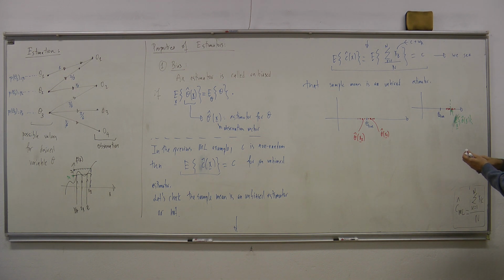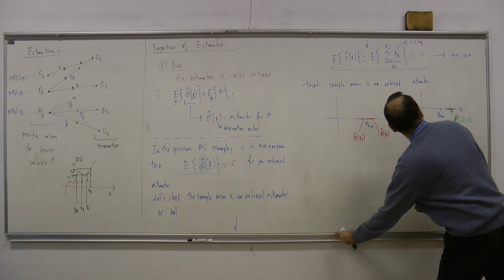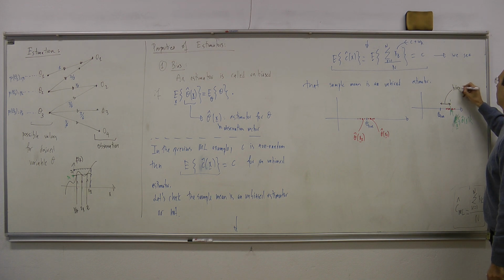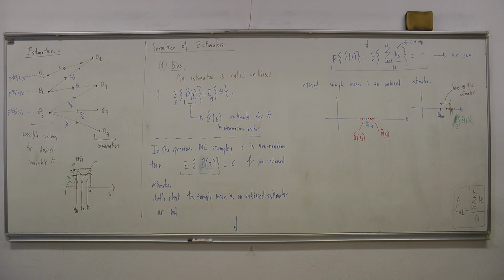The difference between those two becomes the bias. So this is the bias of the estimator. For example, assume that you are a hunter. You want to hit this target, but you are aiming your rifle towards the right all the time, so you never hit this value. You miss it by this amount.